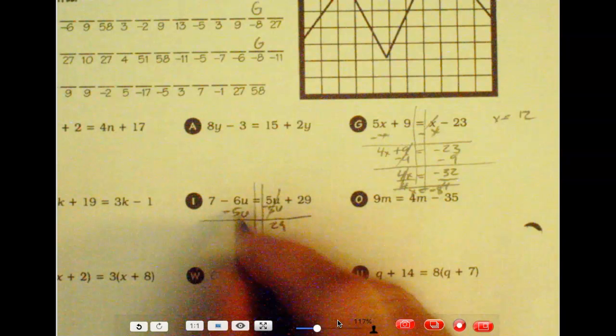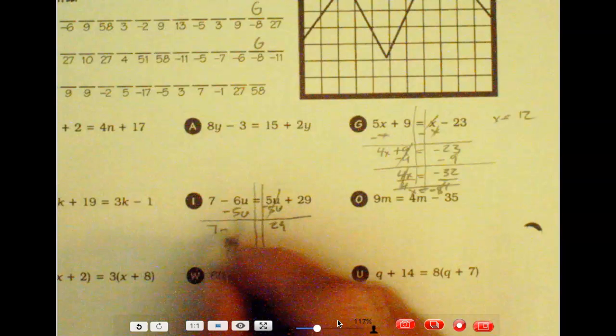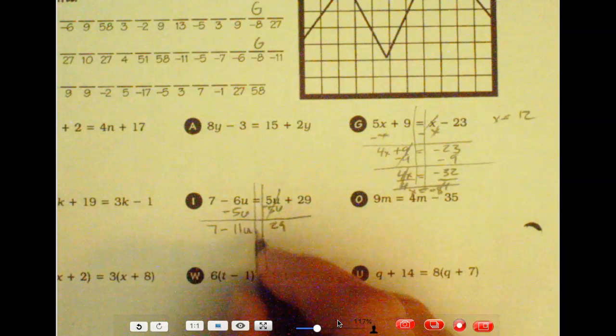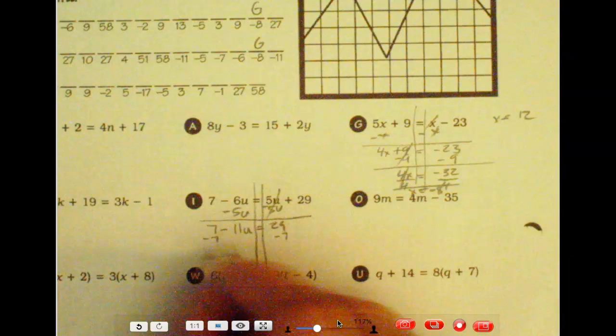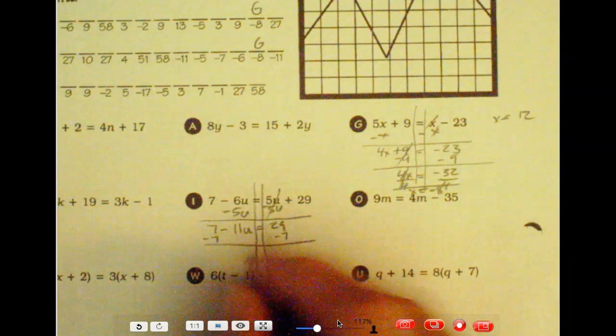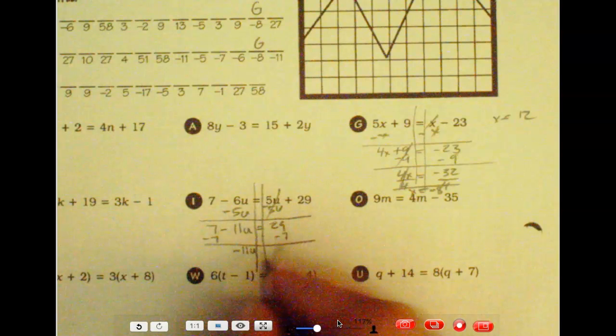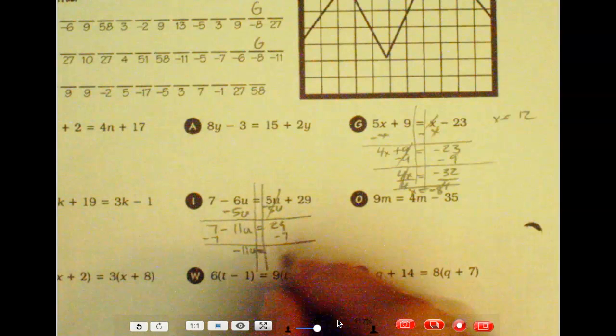And here I've got 7 minus, these are the same sign, so this is 11U equals 29. So I'm going to subtract 7 here to get the U by itself. Now I've got 11U, negative 11U, that equals 22.